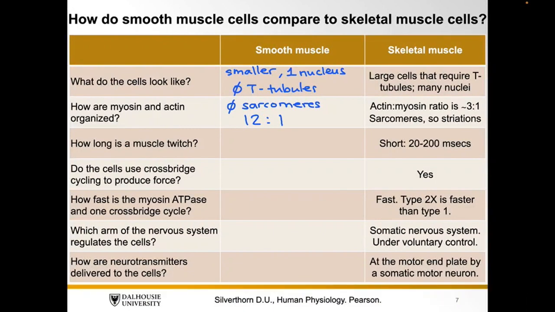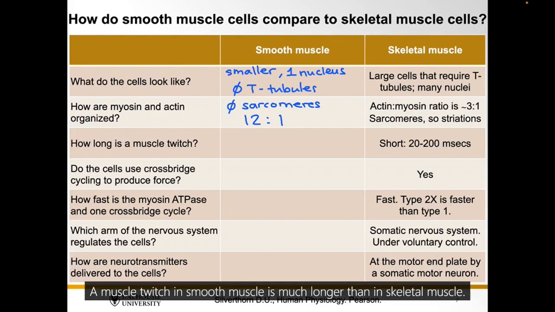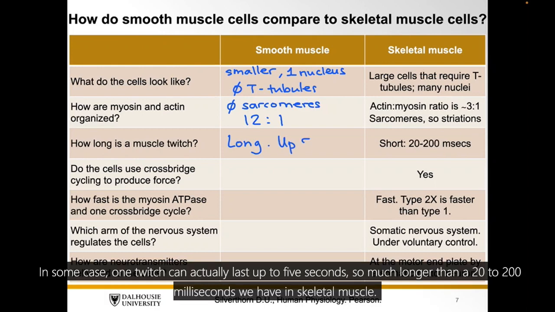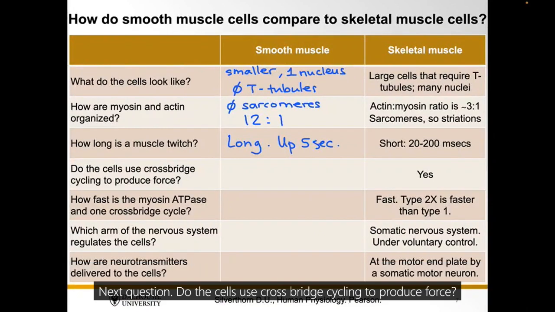Third question, how long is a muscle twitch? A muscle twitch in smooth muscle is much longer than in skeletal muscle. In some cases, one twitch can actually last up to 5 seconds. So much longer than the 20 to 200 milliseconds we have in skeletal muscle. Next question, do the cells use cross-bridge cycling to produce force?